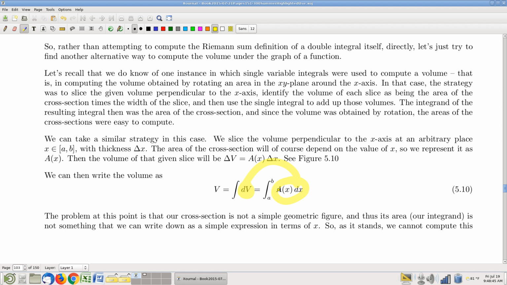And the thing that made that approach actually work at the time was that cross-sectional area was a disk. So pi r squared, right? And so you've got an integrand that you can actually work with. Up to that point, we're doing the exact same thing here. It's area times thickness, just like in volumes of revolution.